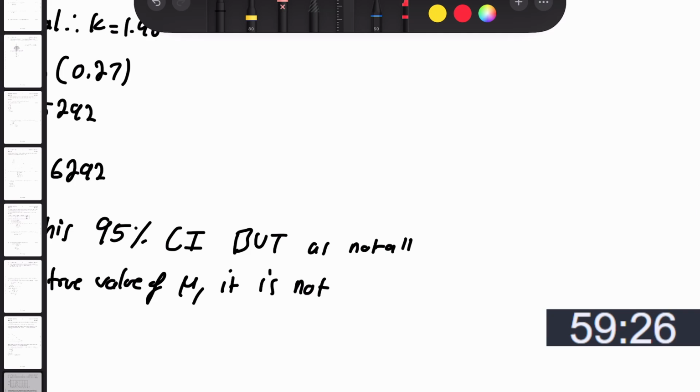I think in statistics, if it's not in the interval, we say it's still not enough evidence.